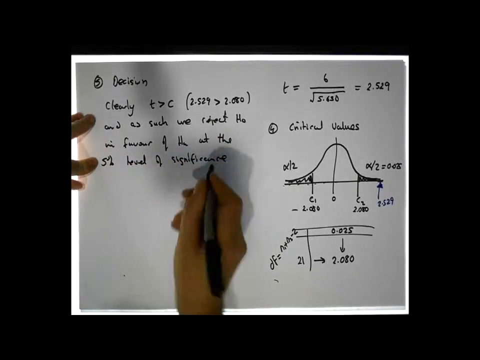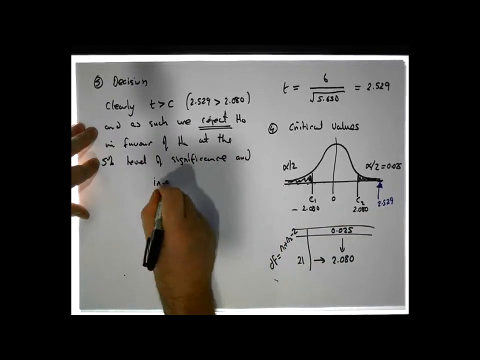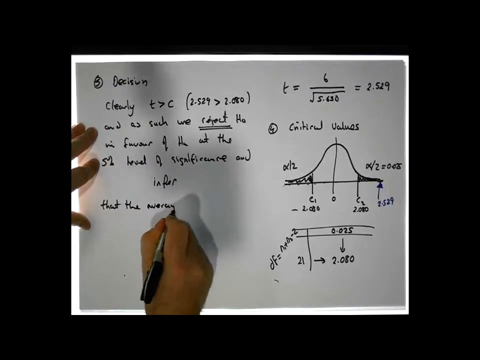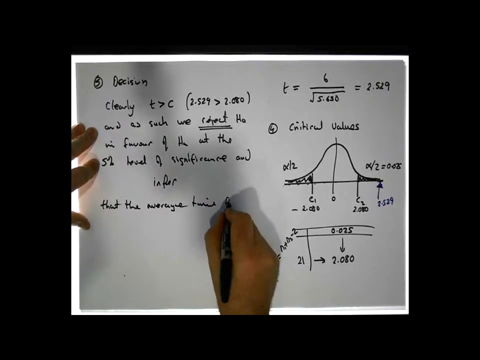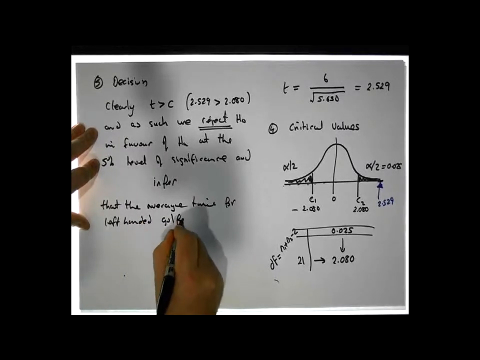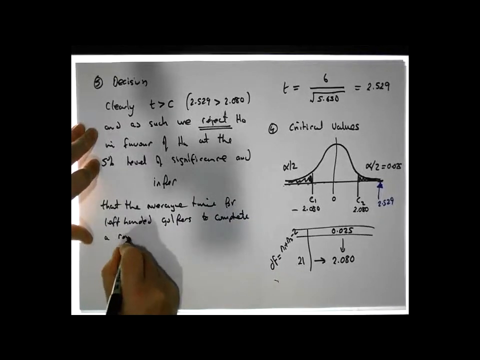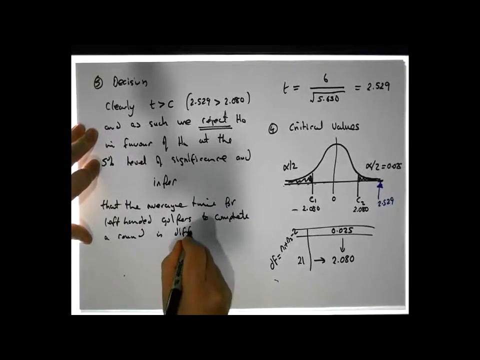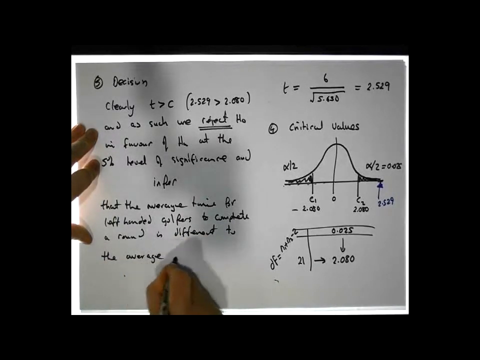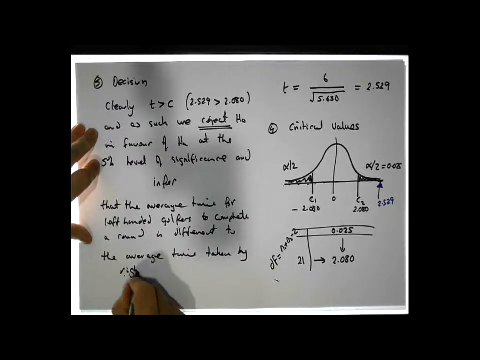okay. And now because we've rejected, we now infer that the average time for left-handed golfers to complete a round is different to the average time taken by right-handed golfers.